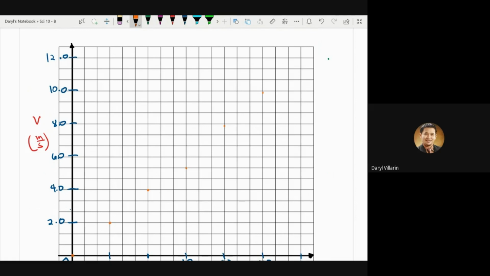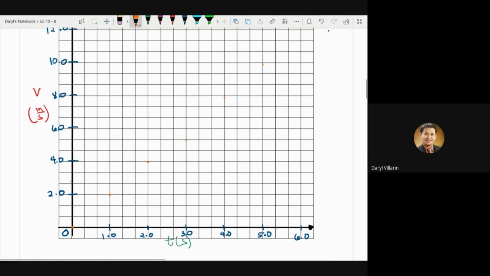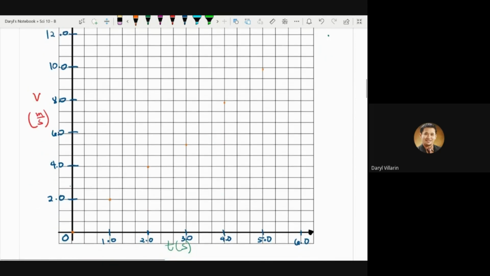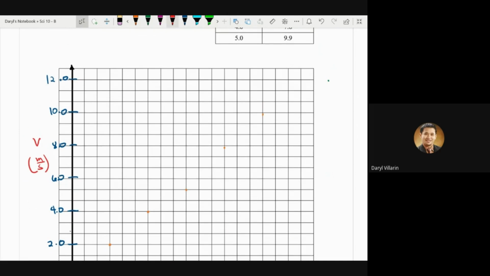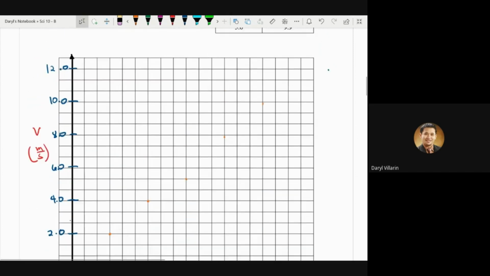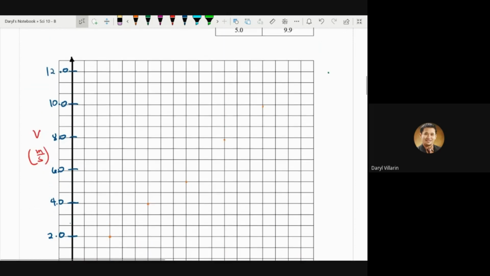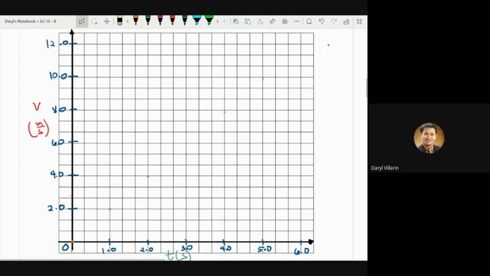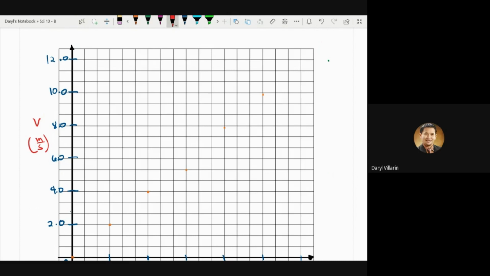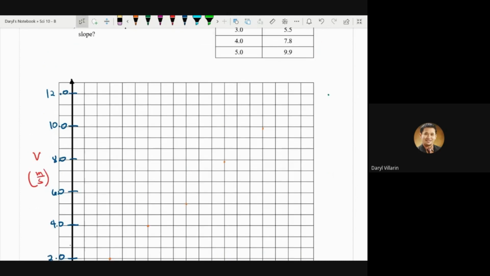Now, after plotting, by the way, before the plotting part, after you label the x and the y axis, you need to write the title of your graph. In this particular case, we're plotting the velocity against the time.